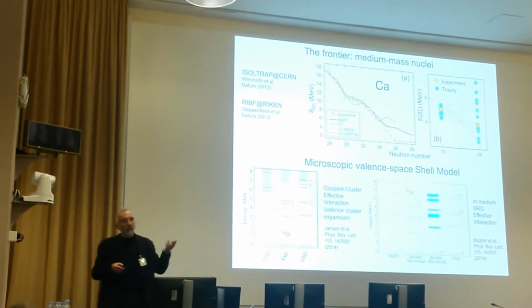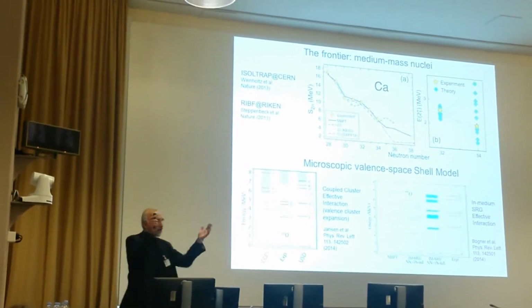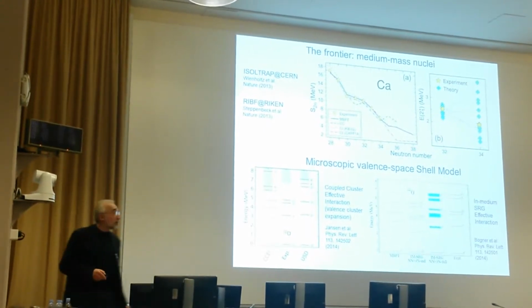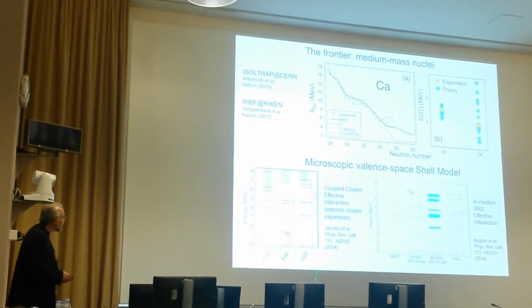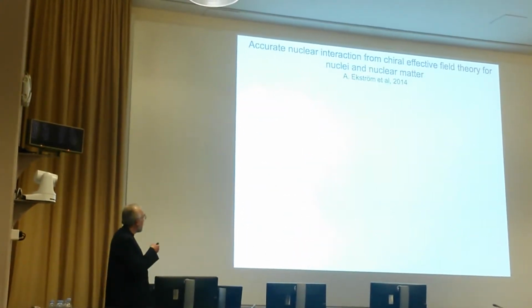So you take an ab initio approach, starting from 2 and 3 body forces, and you calculate microscopically in the desired Hilbert space the effective force. Very nice comparison between experiment and theory.